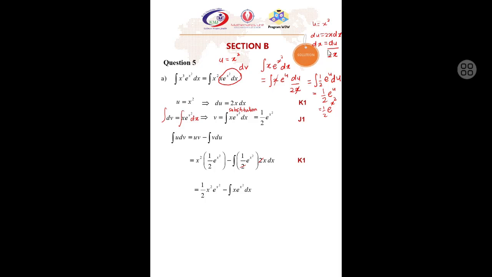So I can just use the same method here, and you will get your answer: the integral of x e power of x squared is 1 over 2 times e power of x squared plus c. So that is your final answer. Don't forget plus c here. So that is 5a.